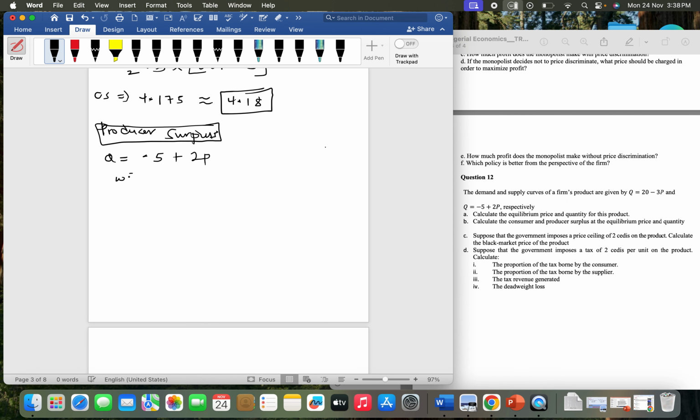So the same approach when p is equal to 0. So I have q is equal to minus 5 plus 2 times 0. 2 times 0 is 0, so q is minus 5. So output is minus 5.